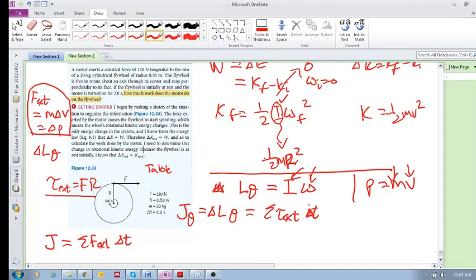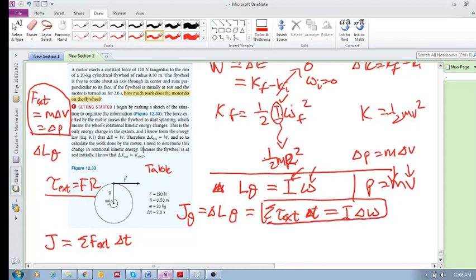But we also know that delta L is equal to I delta omega. Is that making sense? My change in angular momentum is I times change in rotational velocity, the same way that delta P is m delta v.